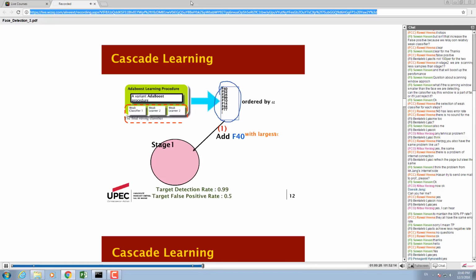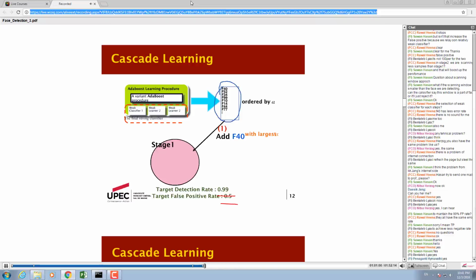They are ordered by alpha, in descending order, so the first one is the best one in terms of biggest alpha. So in stage 1, we add from the top one as a kind of queue. F40 is added to stage 1.